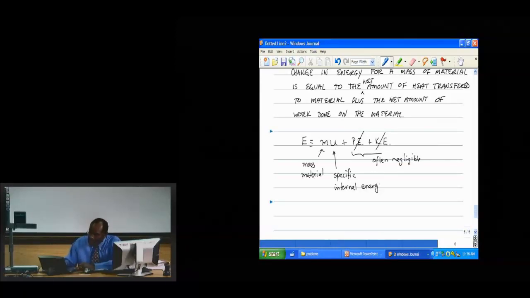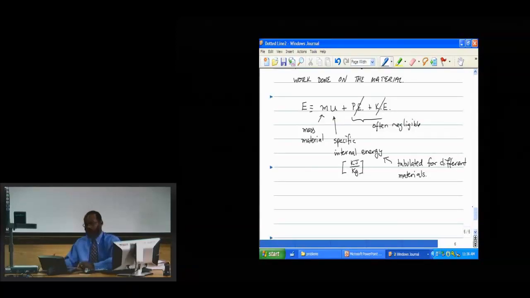This has units of kilojoule per kilogram, and it's a relative quantity, so it is a tabulated quantity for different materials. There are simple thermodynamic rules that we can use to understand what the change in internal energy is for particular materials, and we'll get into that shortly.